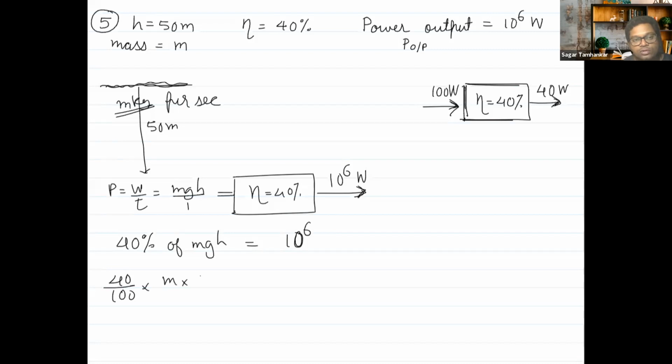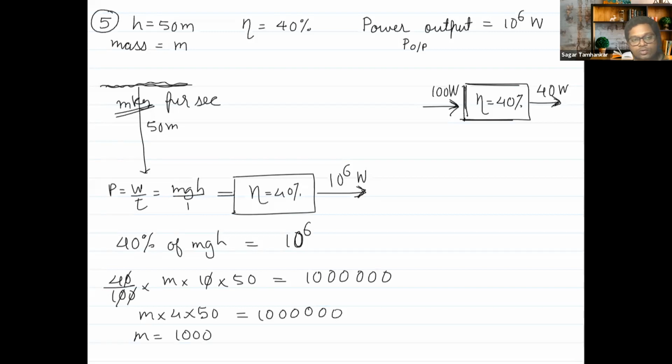M we don't know, g is 10, and h is 50. And this is 10 to the power 6. So how many zeros can I cancel? 1 here, and therefore I have m into 4 into 50 is equal to these 6 zeros over here.